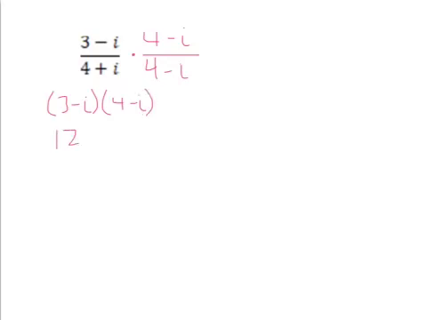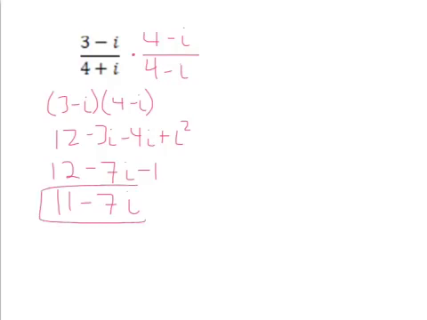I get 12 minus 3i minus 4i, or sorry, plus i squared. So we get 12 minus 7i minus 1, because i squared is negative 1. So I get 11 minus 7i. So that's my numerator.